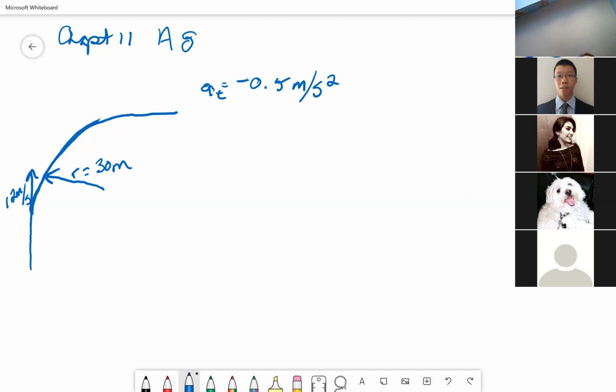Negative because it's decreasing the speed. And that's the definition of the tangential acceleration. So this is time 1. And at some point in here, time 2, the speed is going to decrease to the point where it's 10 meters per second.